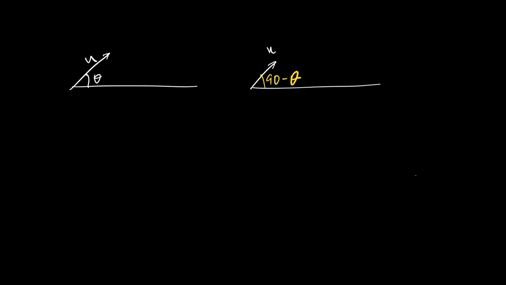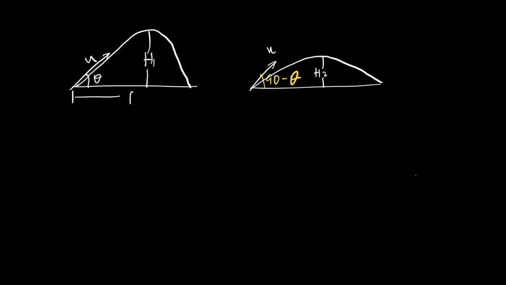Diagrammatically it doesn't make sense, sorry for that. So what we have here is an object which comes up like this, with maximum height h1, and another object which comes like this, with maximum height h2, but what remains constant is the range covered by these two bodies.